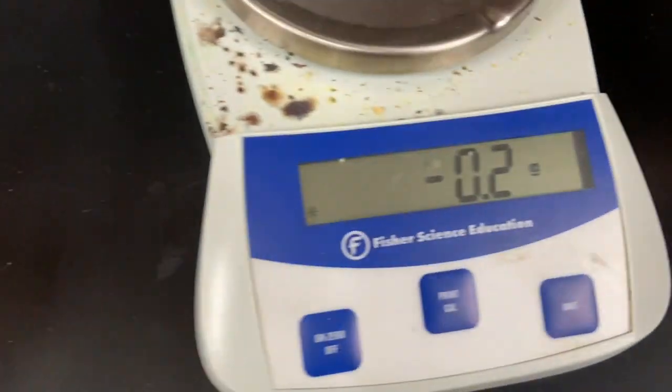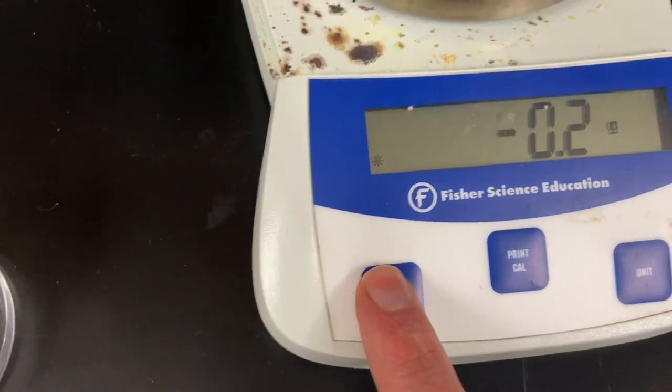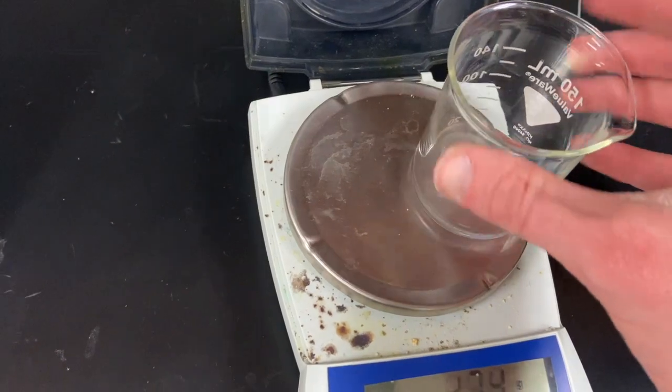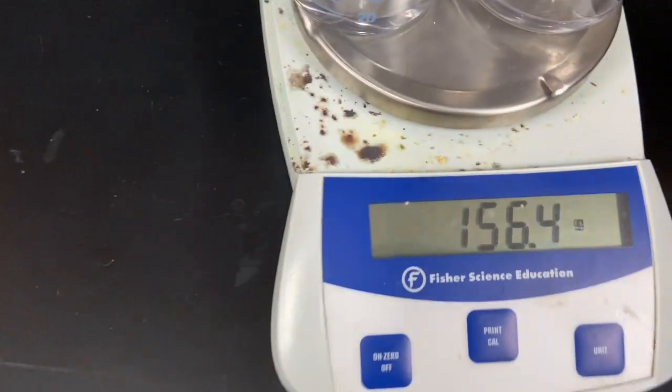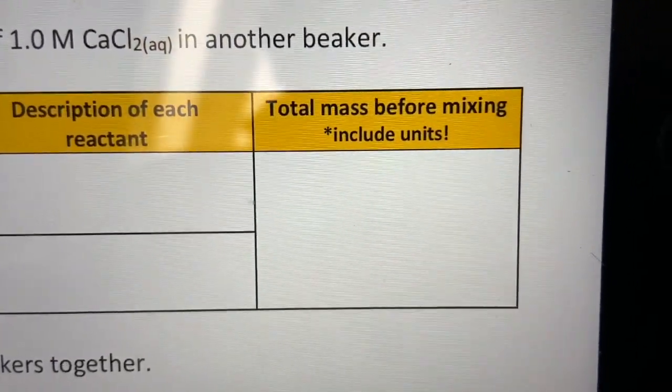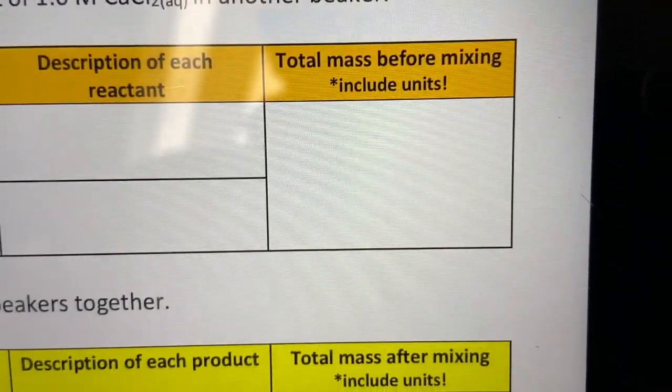Let's make sure that we have this zeroed out. There we go. Okay, so that number is what you're recording right here, total mass before mixing.